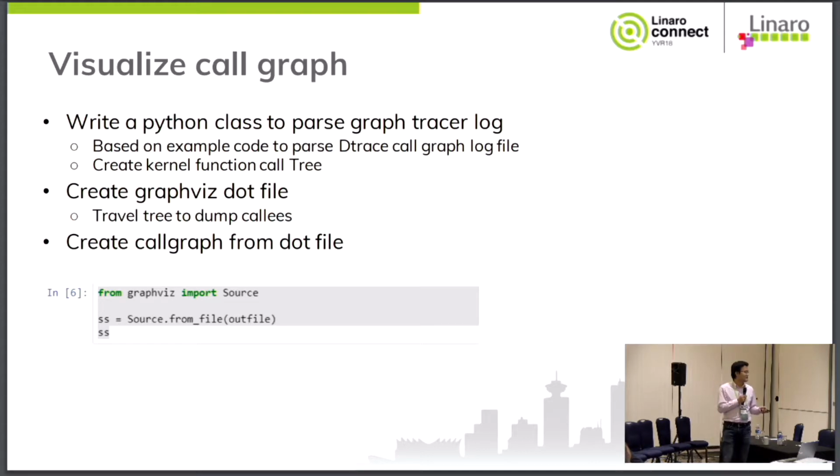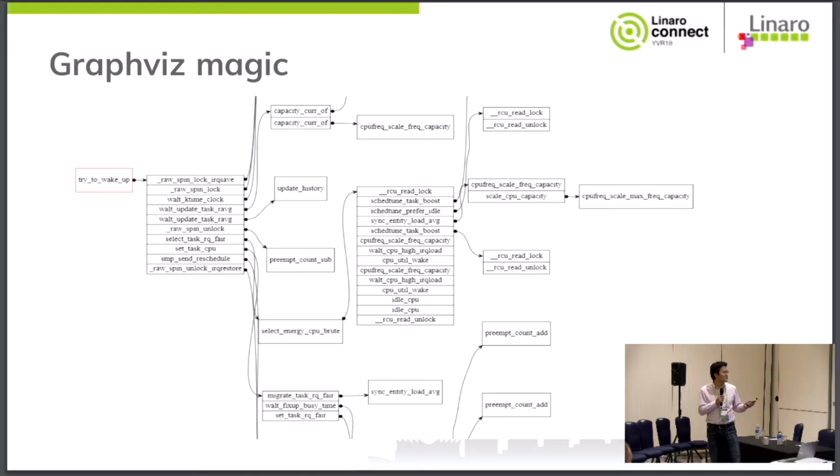Then the last step, we use the GraphViz Python module, just import it to visualize the function call graph. The whole call graph is very big, so this is just part of the call graph. It is very useful to do some code deep dives for customers.